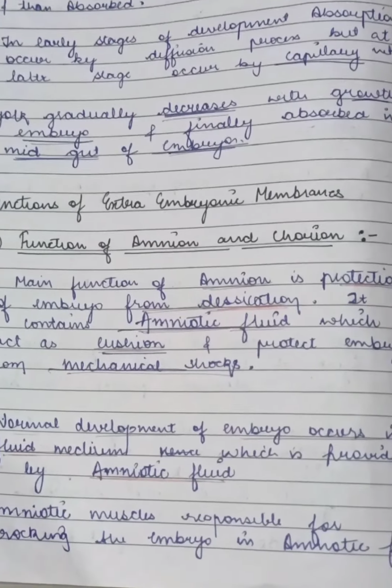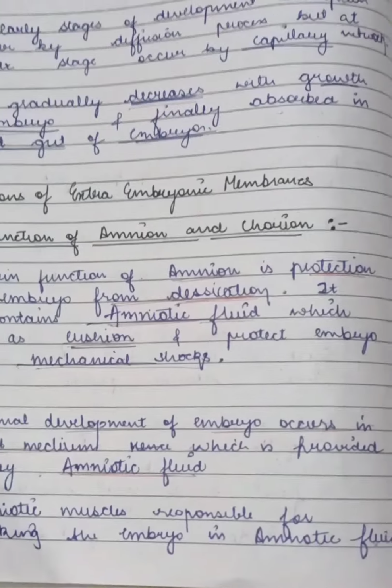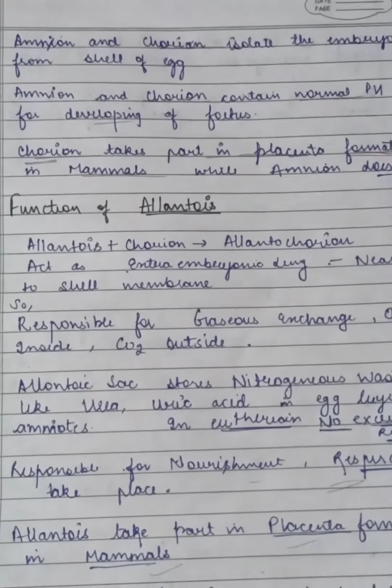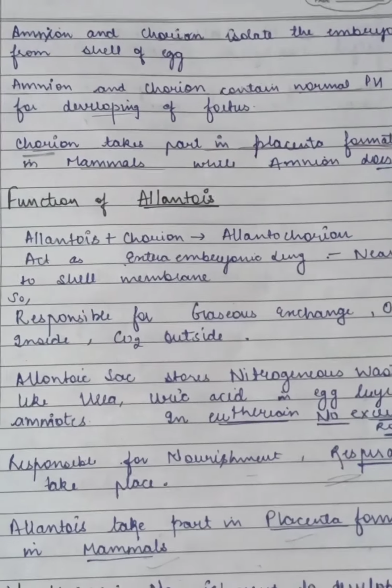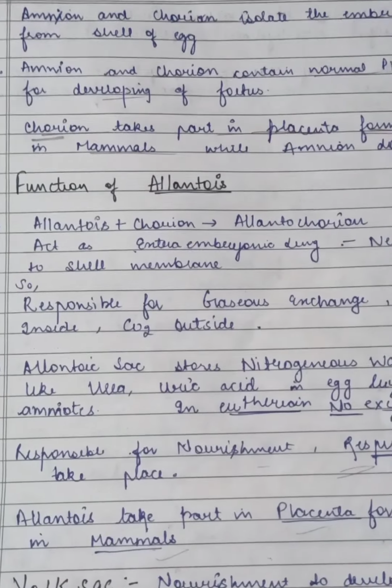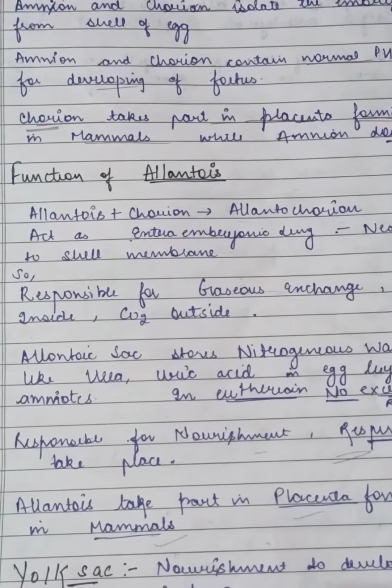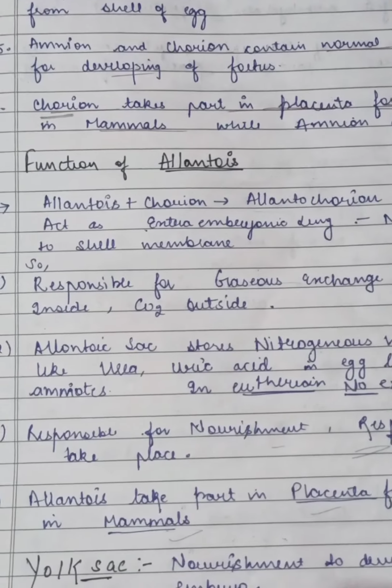Amnion and chorion isolate the embryo from the shell of the egg and maintain normal pH for the developing fetus. Chorion takes part in placenta formation, whereas amnion does not.